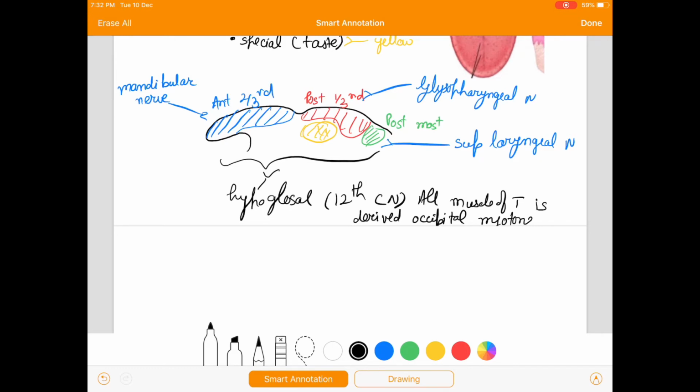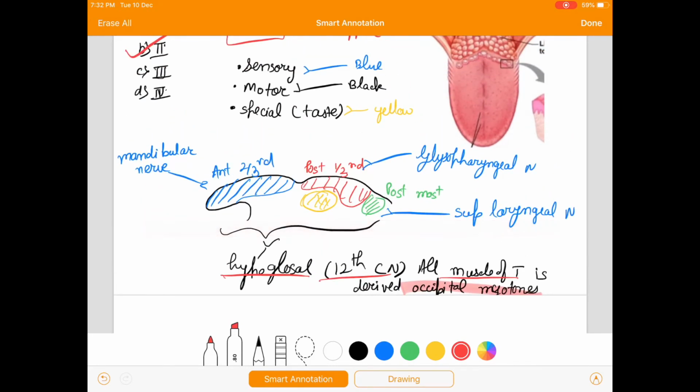Okay. So all the motor nerve supply of the tongue is from hypoglossal, which is 12th cranial nerve, because all the muscles of tongue are derived from occipital myotomes. Okay.